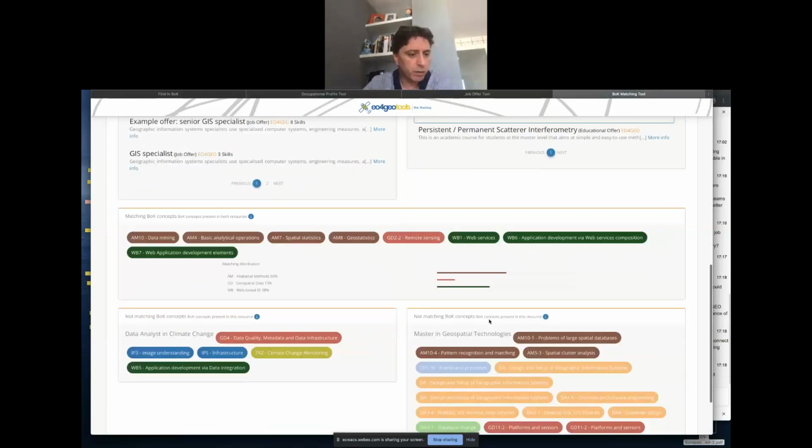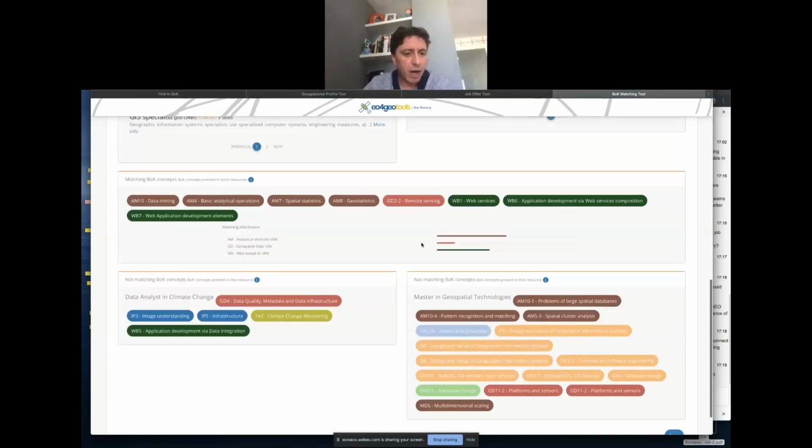And we have skills that this person needs to possess. In this case, there are 2 skills defined. Explain how clearing houses, metadata, and standards can help facilitating spatial data sharing. These skills actually come from also the body of knowledge, because in the body of knowledge, each concept has related skills defined. So if we add a concept, we automatically also get related skills, which then of course we can select the ones that we need or the ones that we don't need.